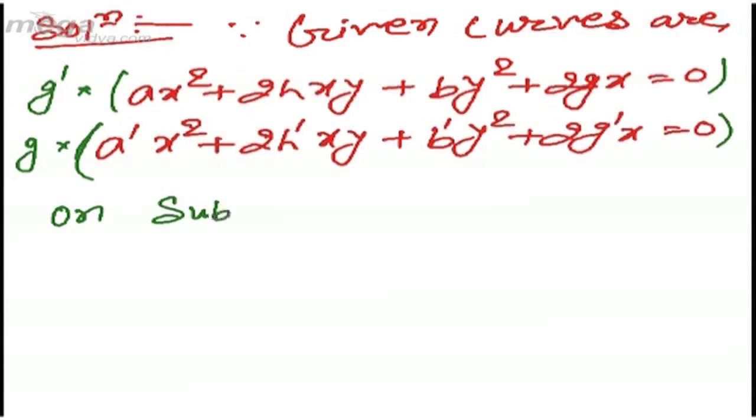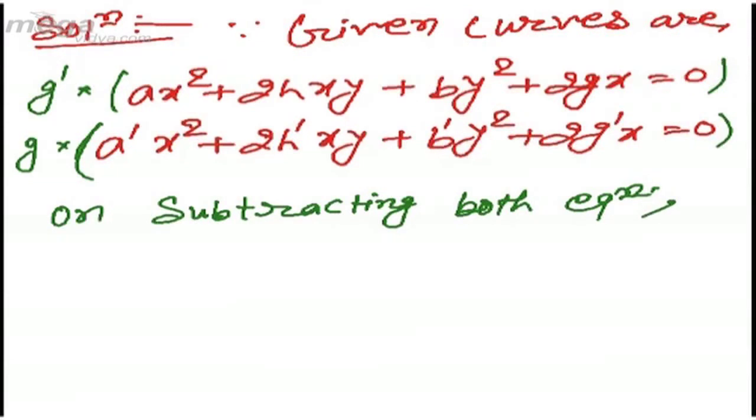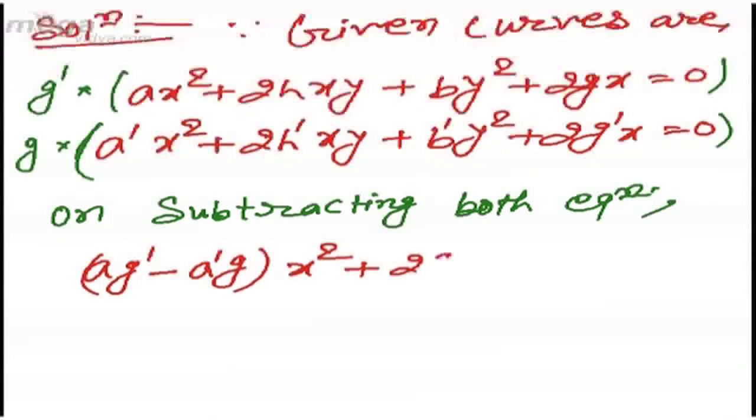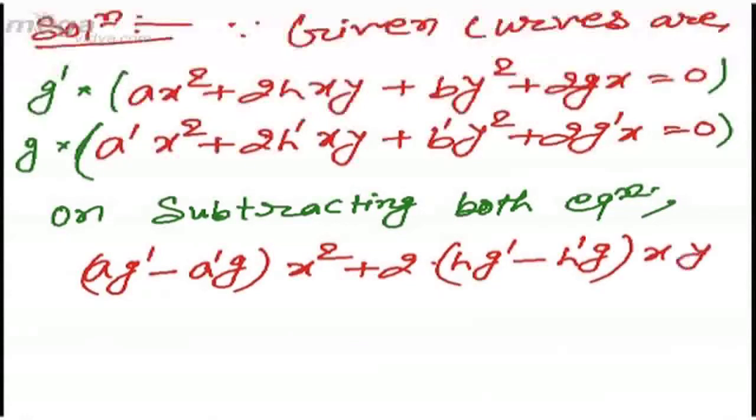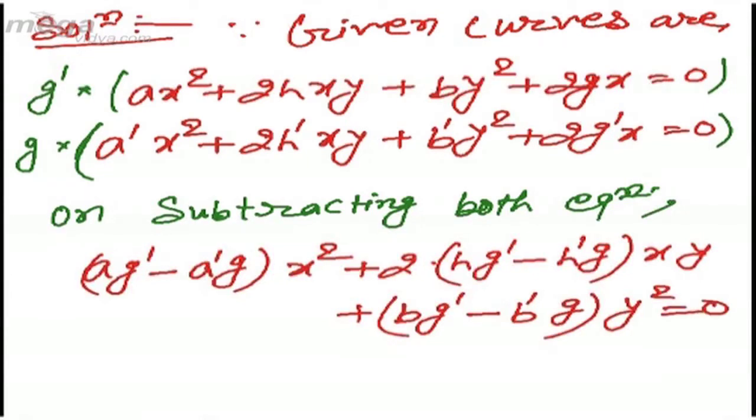So I am writing here, on subtracting both equations, what you will get? (a g dash minus a dash g) x square plus (2g h minus 2g h dash plus 2h g dash minus h dash g) xy plus (b g dash minus b dash g) y square is equal to 0.